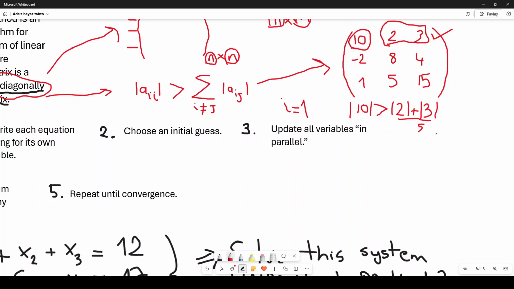How about the second row? I examine row by row to see whether each row satisfies this strictly diagonally dominant condition. For the second row, I look at the second main diagonal element. By the way, the main diagonal elements are those on this line I just drew: 10, 8, and 15.